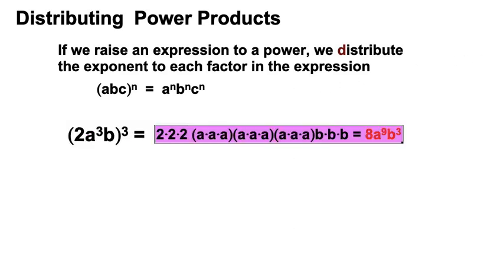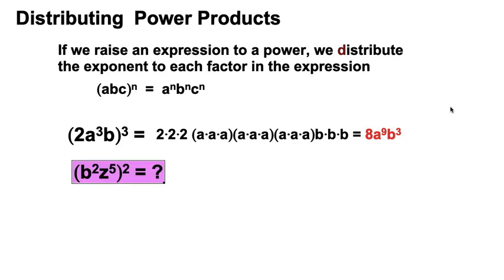If we were to expand this, I can expand it like this. And I can see the 2 used as a factor 3 times, the a to the 3rd power used as a factor 3 times, and the b used as a factor 3 times. 8, a to the ninth, b cubed. Okay, let's try this one.